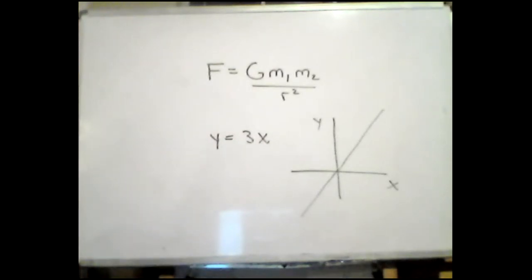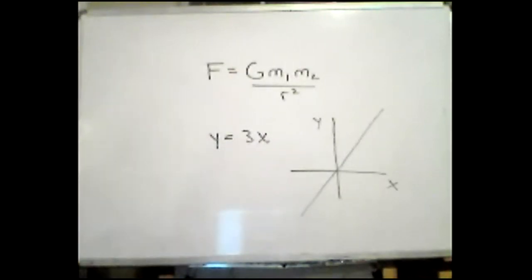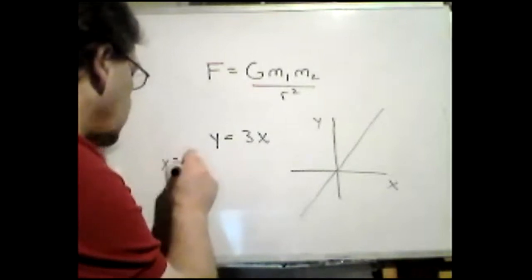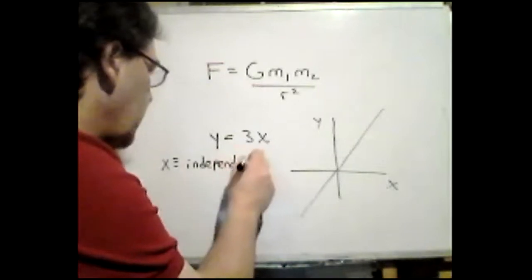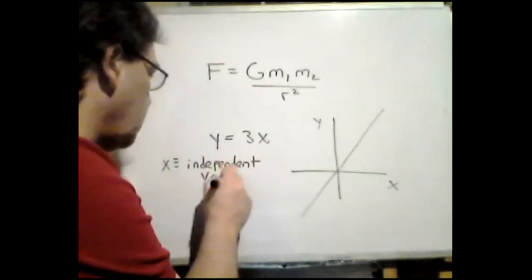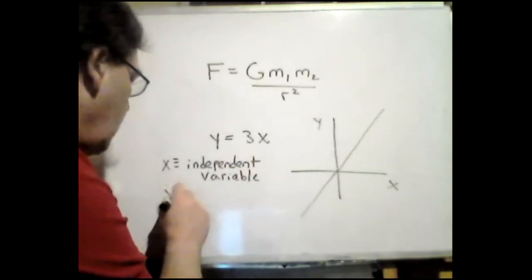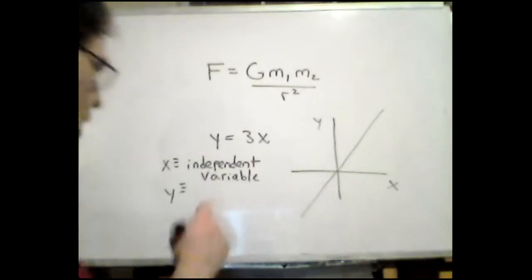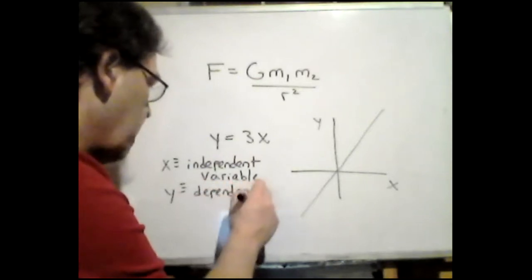If I say let x equal 2, now 3 times 2 is 6, right? So anything on the right side, we would refer to x as an independent variable, because I can independently choose whatever value I want. But once I choose a value for x, I have now forced a value for y. So then y would be called the dependent variable.